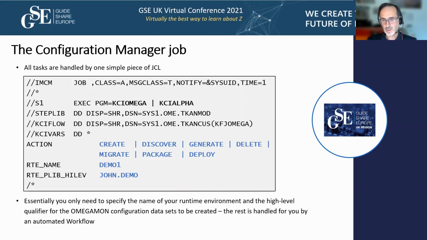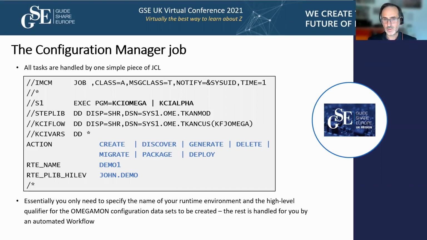And the input is very straightforward. We have an action verb that tells us what action this workflow should perform. So there are lifecycle actions like create, discover, generate, and delete. And we have more utility type actions with migrate, package, and deploy.